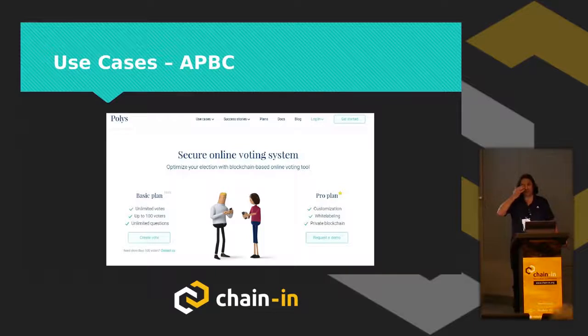We at the APBC are looking in particular in the area of blockchain for non-profit or non-governmental organizations. We are looking at two technologies in particular. One is the Polis project. This allows for secure online anonymous voting. So we will be implementing this voting process at the association for getting decisions from our members.